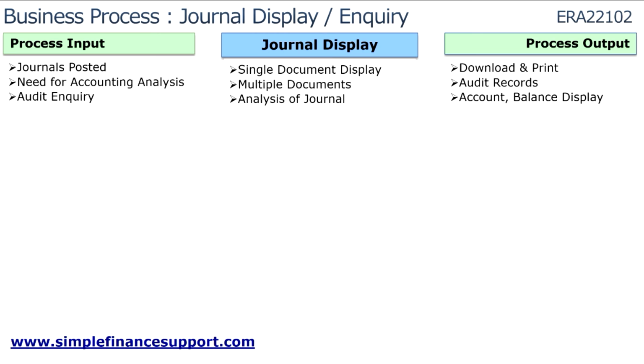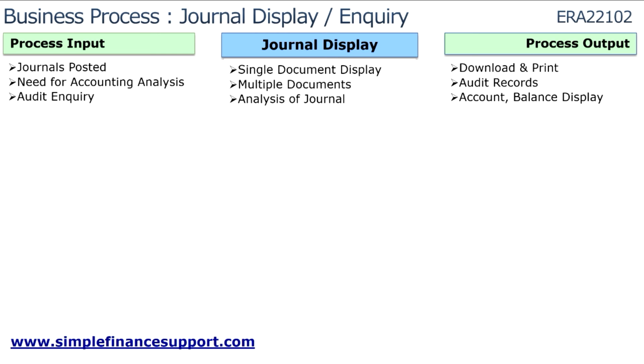The same way, an audit inquiry and any other kind of information that you would like to have is a process input. Then, in the process, you are displaying the document, either a single document or multiple documents, and you are also analyzing that particular document.